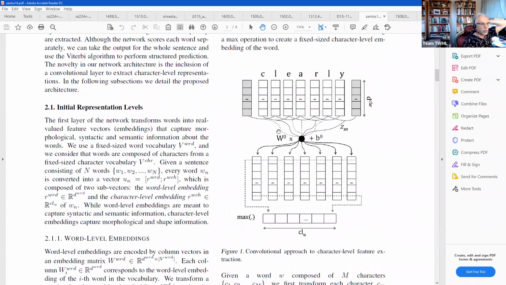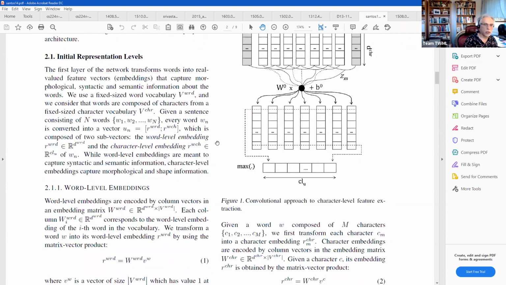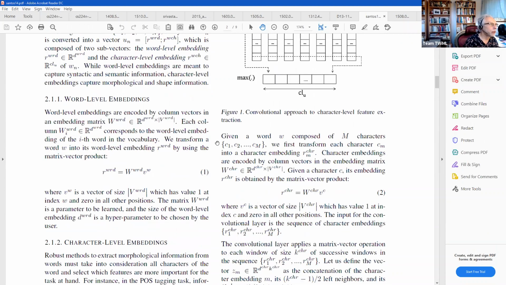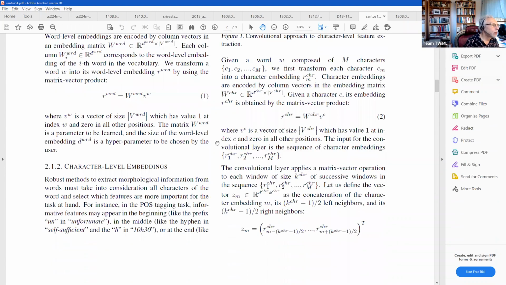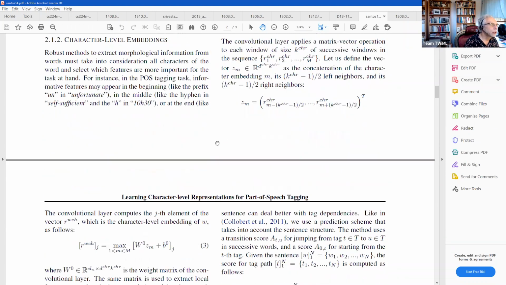The lowest level thing you can get out of this diagram is that now we're doing something that we used to do with words with characters, and we're getting character level embeddings. These are going to help us get part of speech tagging. So he does word level embeddings and character level embeddings.